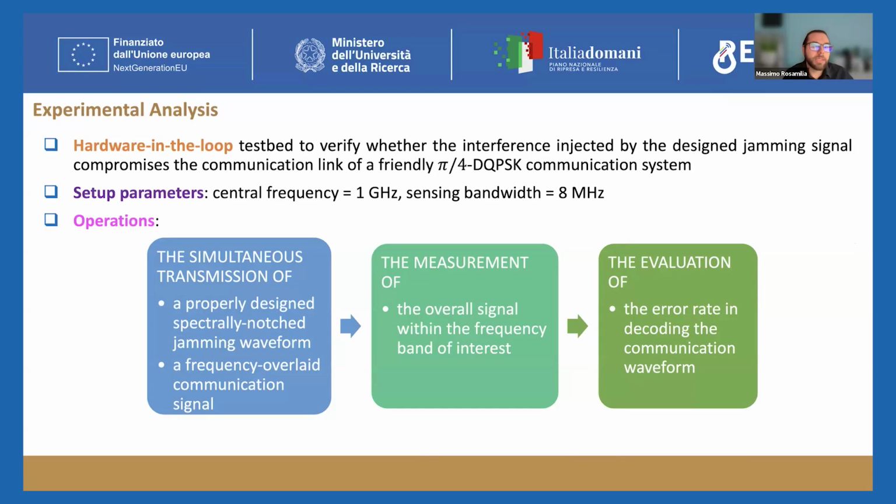Basically, the experiment involved 3 main operations: the simultaneous transmission of the jamming signal and the frequency-overlaid communication signal, then the measurement of the overall signal within the frequency band of interest, and finally, the evaluation of the error rate in decoding the communication waveform.